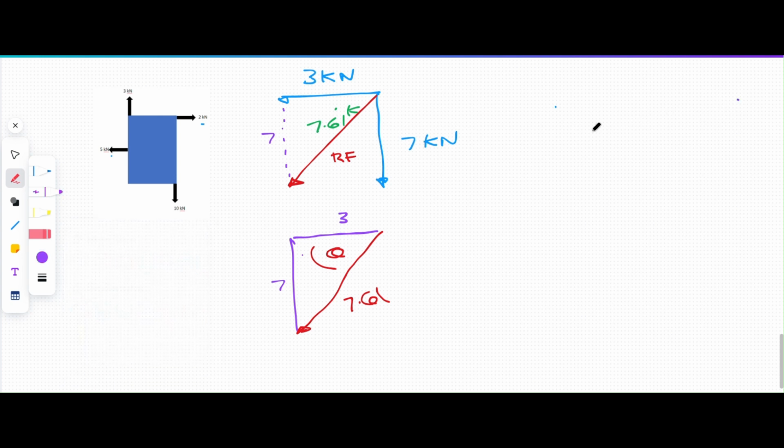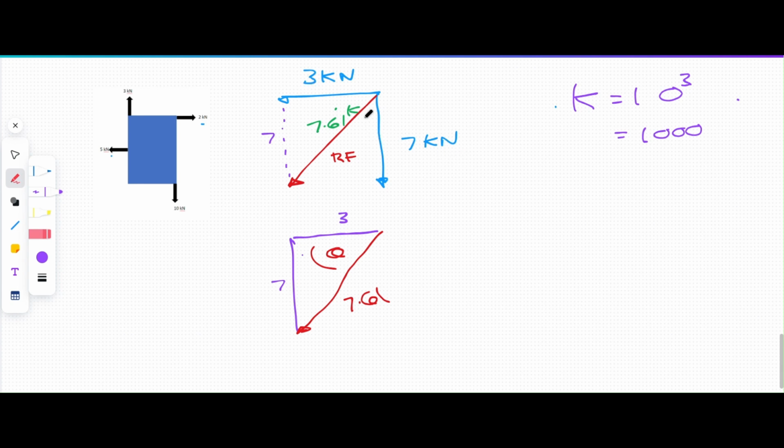So in the last 2 videos, we worked out, we got 3 and 7 as the horizontal and vertical. This is kilonewtons now. Don't forget kilo is 10 to the 3, which is 1,000, isn't it? So don't forget that. Kilobyte, kilonewton, kilogram is 1,000. So 7 kilonewtons means 7,000.